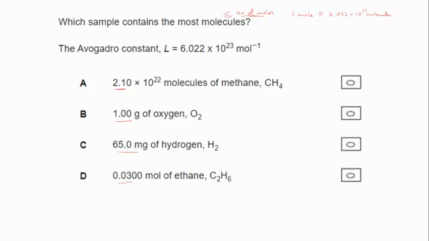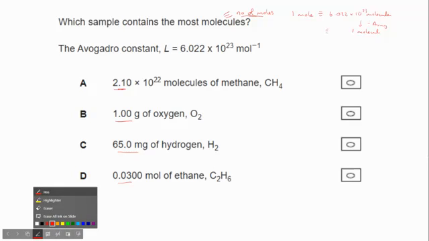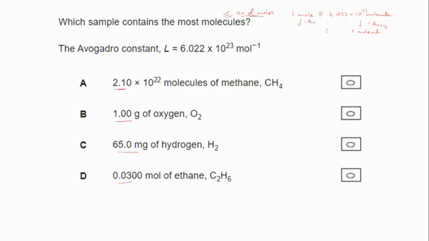So to get from there to there, just like I did on the previous slide, I divide by Avogadro's number. If I do the same to this side, so I divide by Avogadro's number, that gives me 1 molecule is 1 over 6.022 times 10 to the 23 moles.